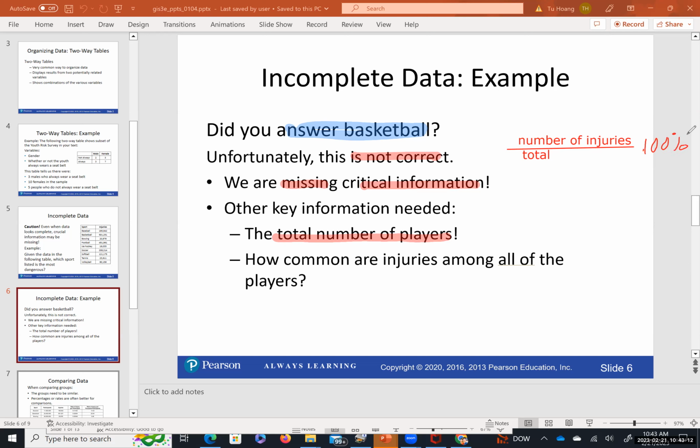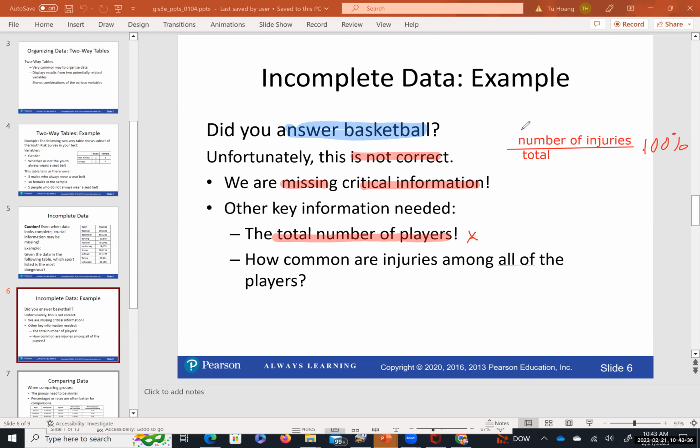So which one has more injuries in percent, so then you can compare better, because here it's just telling us how many players got injured, but not how many players there are in total. So that is missing.